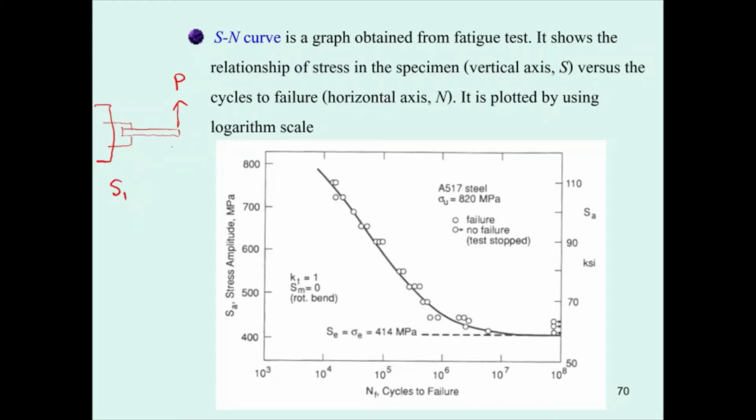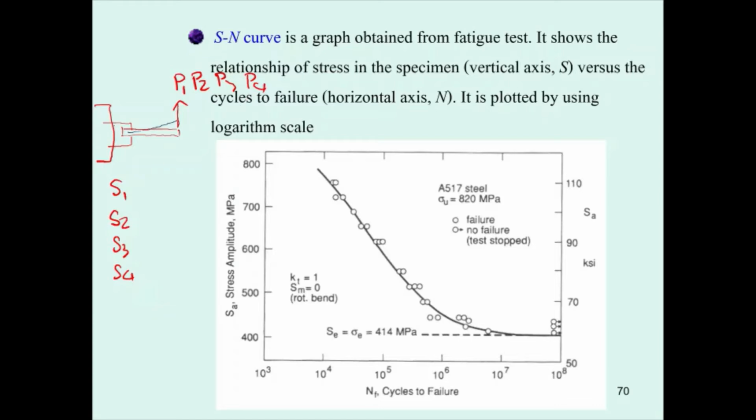If it's small, it's going to produce very small deformation like this. And if you increase this to sigma 2, S2, S3, S4, you're going to get the stresses corresponding to P1, P2, P3, and P4.